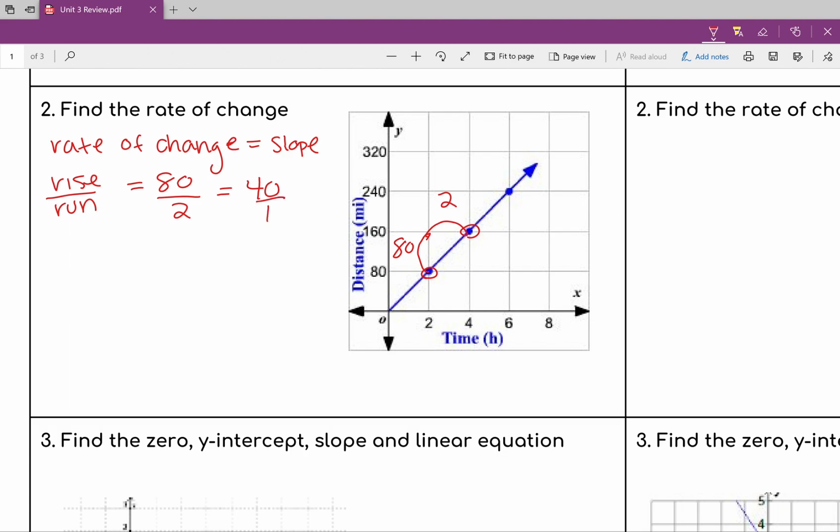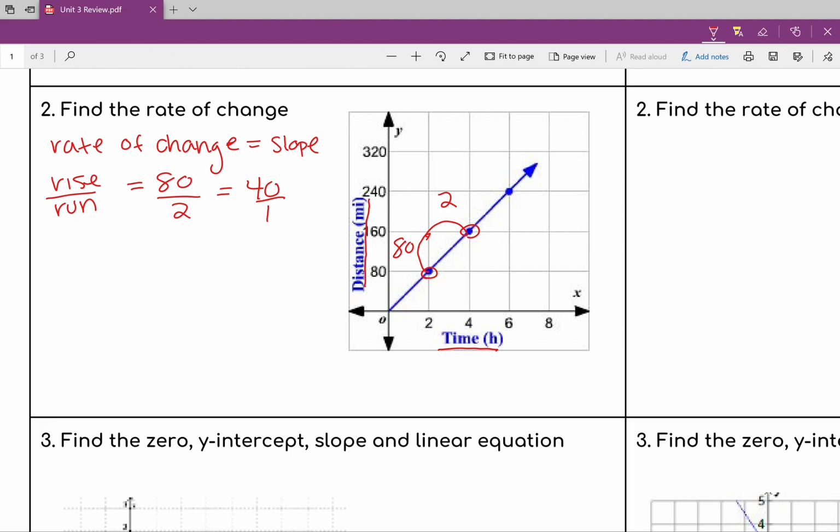And remember that our y-axis here was distance in miles, and our x-axis was time in hours. So this means that it goes 40 miles in 1 hour.